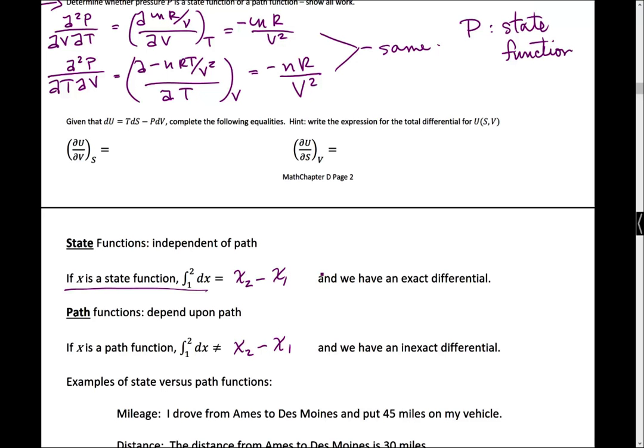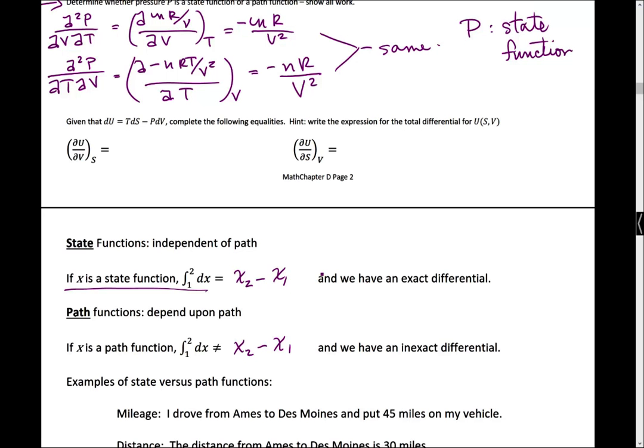This is an important tool that we're going to see that we can use down the road, so I just wanted to get us used to it now. We will eventually show that the change in the energy of our system is given by dU = TdS - PdV, where T is temperature, S is entropy. So this says temperature times the infinitesimal change in the entropy minus P dV.